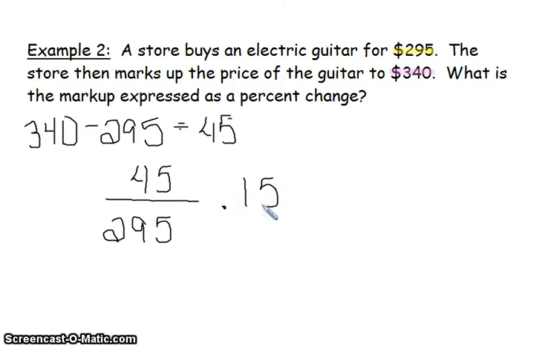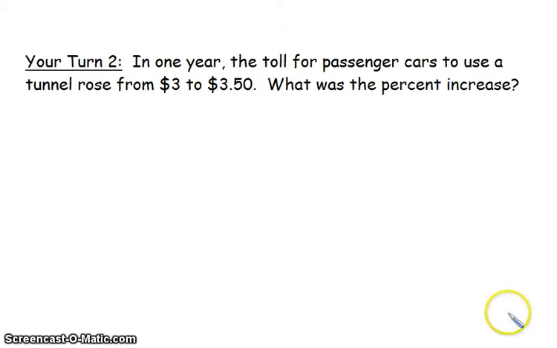And we want that as a percent, and that's simply 15%. So it was a 15% markup that this store did with their electric guitar. All right, so take this and pause your video and try this problem. Your turn 2.